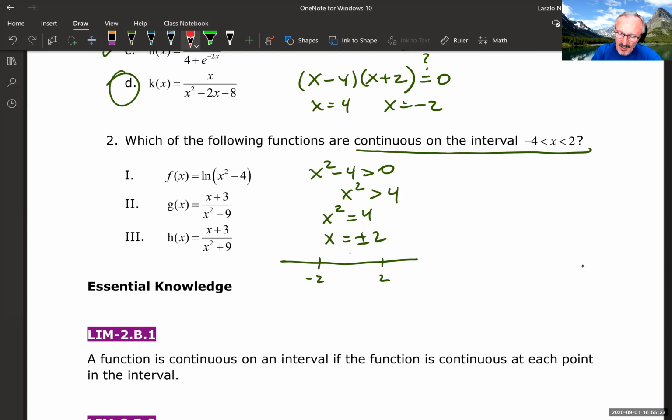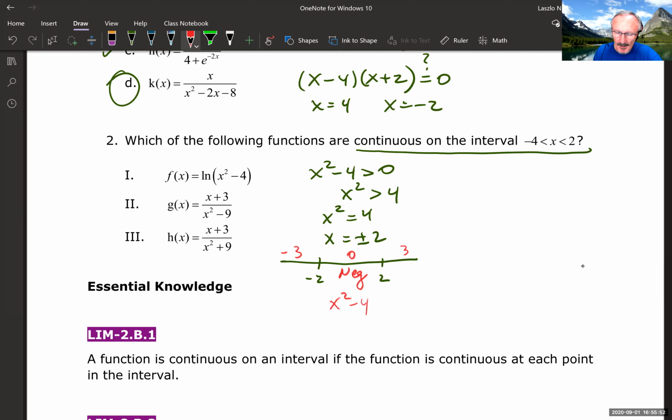Potentially, 0 would be a good representative of that middle interval, perhaps -3 for the interval on the left, and 3 for the interval on the right. Again, we're attempting to assess the sign of x squared minus 4. When I plug in 0, this is negative. I don't think that would be a suitable domain for f of x, being that it's a natural log function.